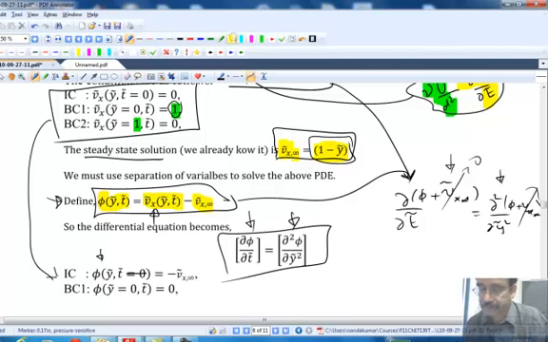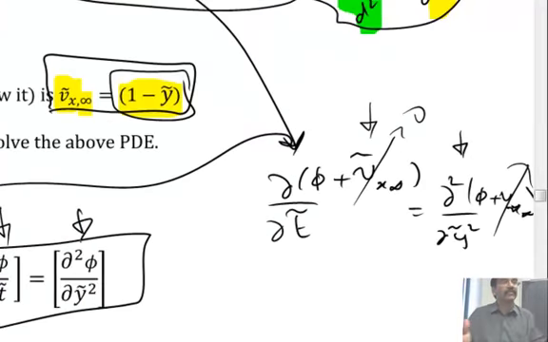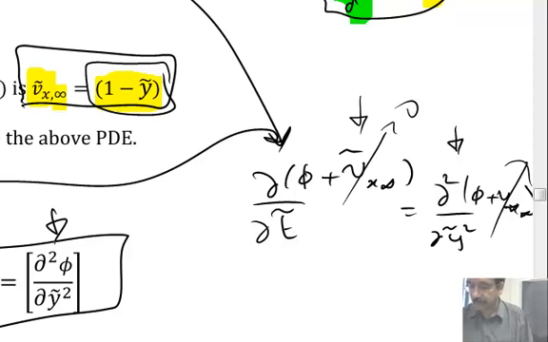Looking at the first expression, Vx at t equals 0 is 0. So the question is, what is phi at t equals 0? Vx is equal to 0, and so phi is equal to minus Vx infinity. That's what is left. So the initial condition becomes minus the steady state profile, because phi is defined as the difference. So the difference has to be accommodated in the initial condition.